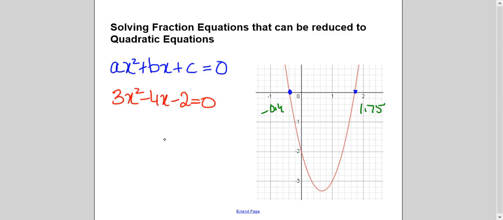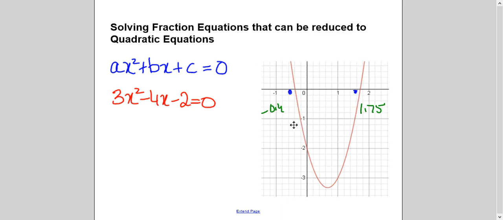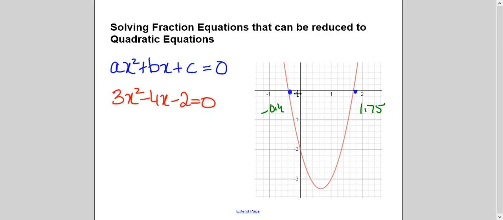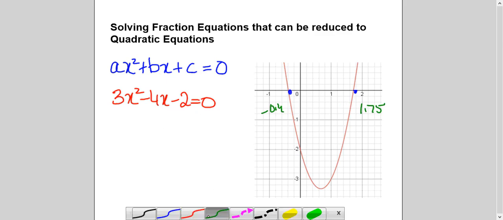The answers you get after solving tell you the points on the x-axis through which the curve is passing. So for example, if this curve is passing through these 2 points, this is minus 0.4 and this is 1.75. If this curve is representing this equation, then the roots of this equation will be minus 0.4 and 1.75, roots or solutions, whatever you call them.